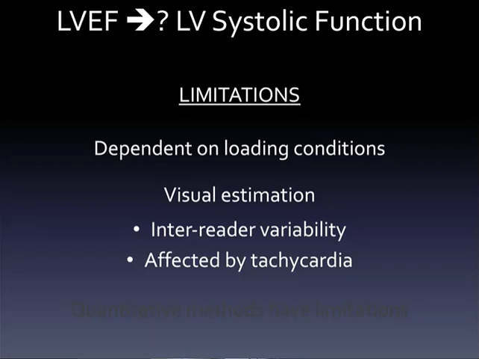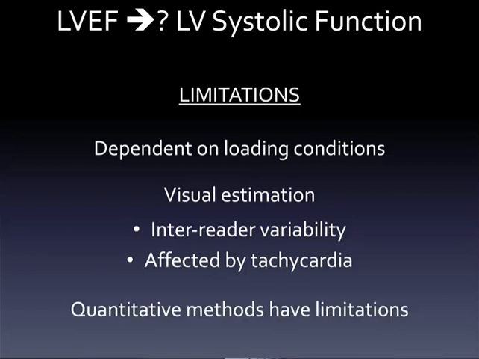Your visual estimation tends to see the ejection fraction as being less than what it actually is if the patient was not tachycardic. As long as we understand these limitations, it is what we use most frequently when assessing LV systolic function.